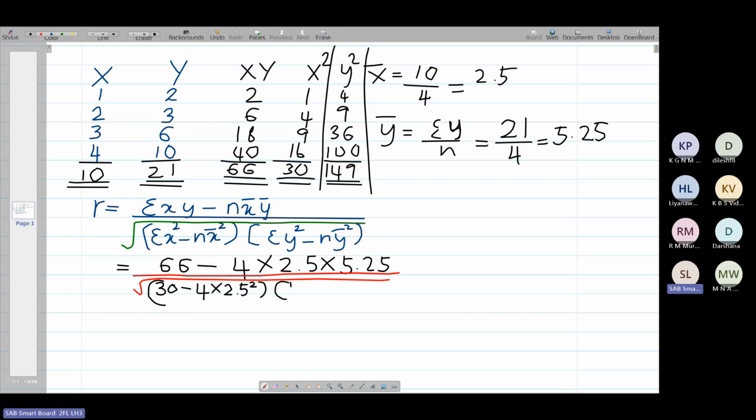Then we write 149 minus n, which is 4, into y bar squared, that is 4 into 5.25 squared. Then simplify and write the answer here.